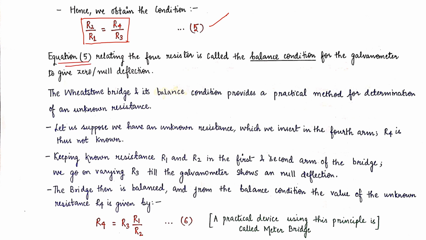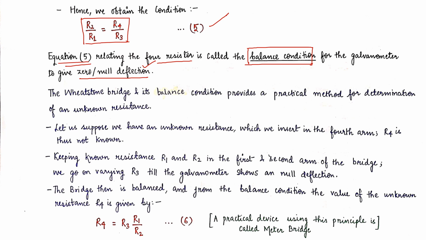This equation 5, relating the four resistors, is called the balanced condition for the galvanometer to give zero or null deflection. Now I will explain when there comes a null deflection.